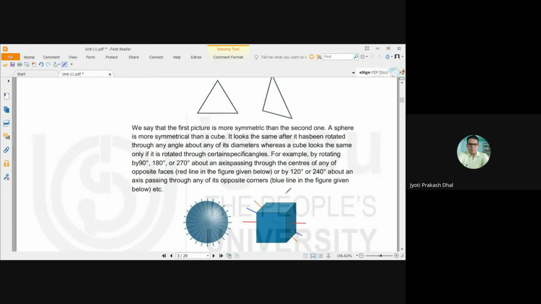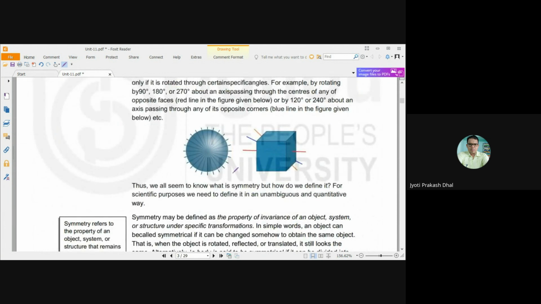Similarly, we say that the first picture is more symmetric than the second one. If you consider a sphere, a sphere is more symmetrical than a cube, because in a sphere an infinite number of symmetry axes are there.